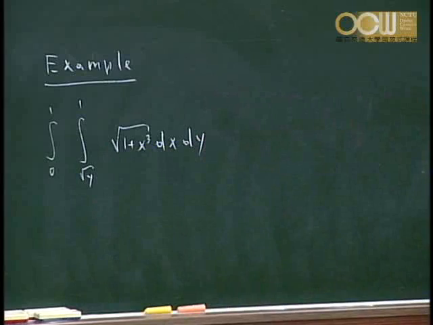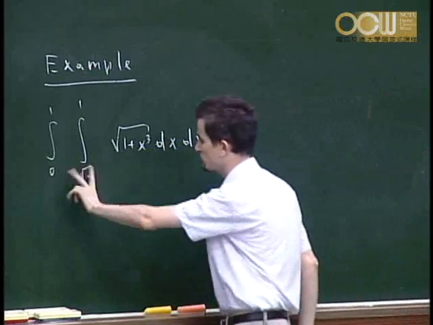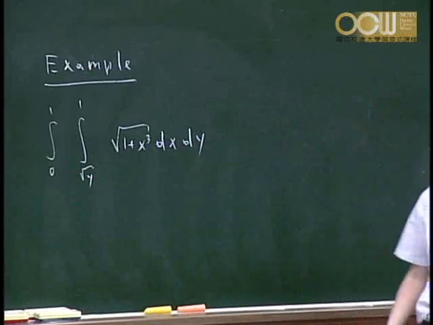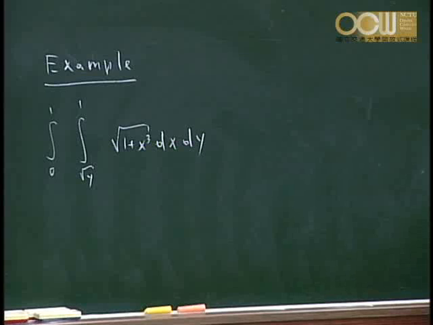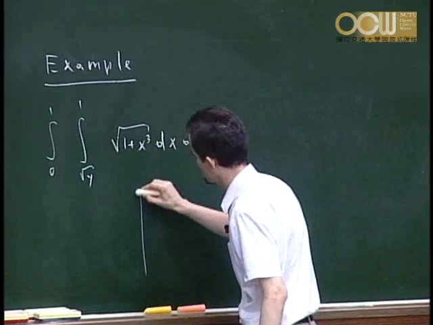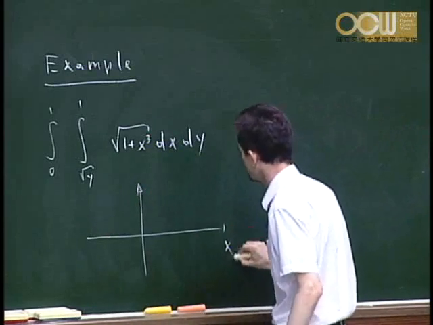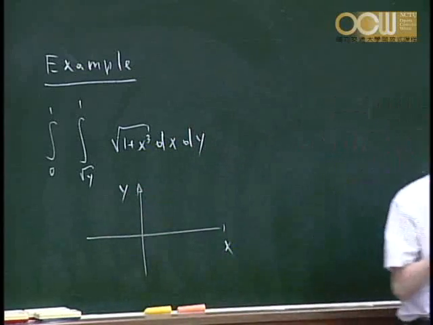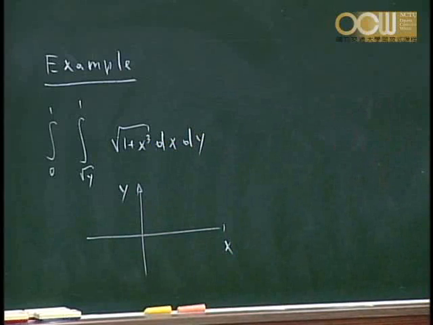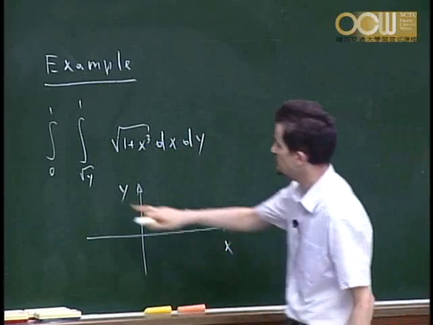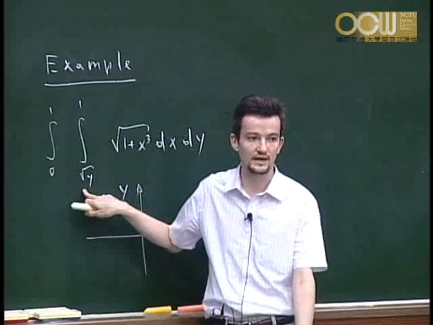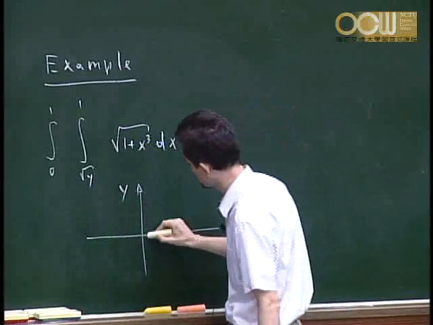Now the only thing you have to do here is observe that if I change the order of integration, then things get simpler. For this you first try to figure out the region over which we integrate. We have here x equal to the square root of y, which is y equal to x squared.